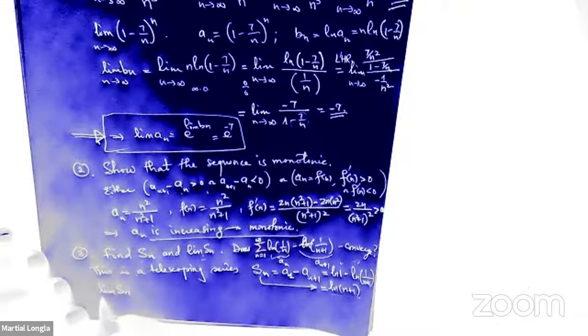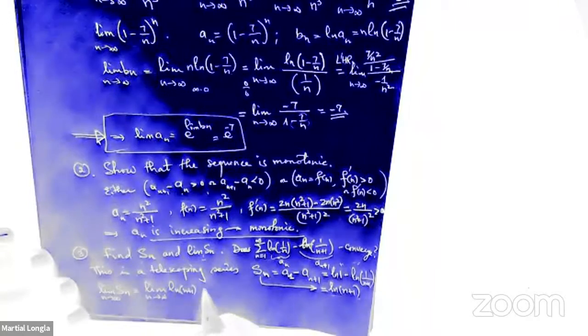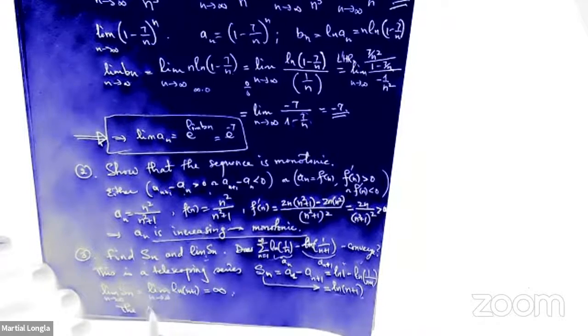Limit of Sn as n goes to infinity equals the limit as n goes to infinity of natural log of n plus 1. And natural log of n plus 1 goes to infinity. Because this limit is infinity, the series diverges.